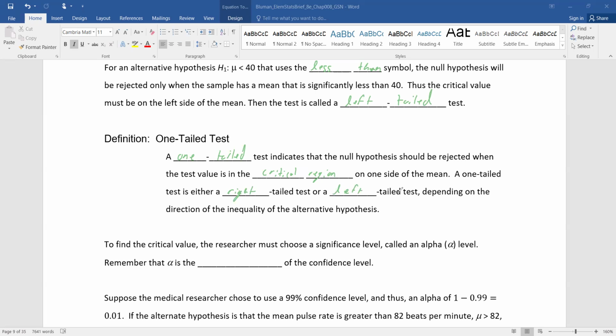To find the critical value, the researcher must choose a significance level called an alpha level. And remember that alpha is the complement of the confidence level.